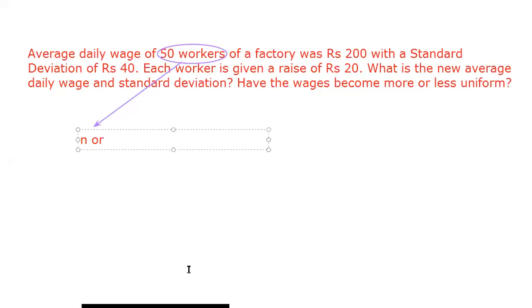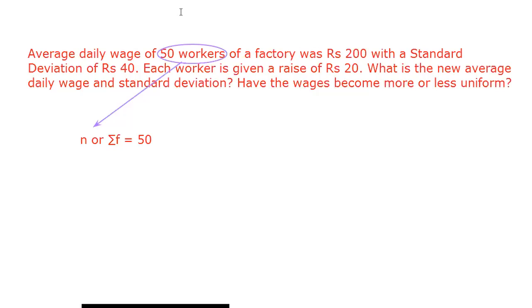Somewhere else we have discussed sigma f. So this is our small n or sigma f, that is 50. The average daily wage of 50 workers of a factory was 200. So 200 is the average daily wage.